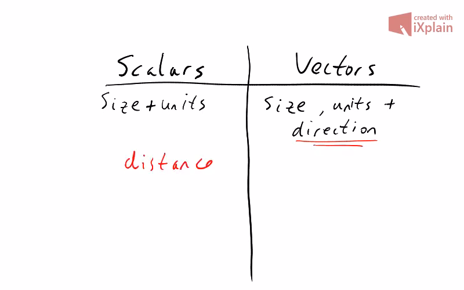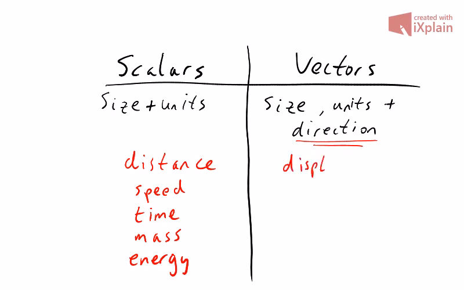So the first one in the scalar section is distance. We also have speed, time, mass, and energy. They're just to name a few. Vectors, we have displacement, and these, the top two there on either side, are the ones we're going to talk about in this one.